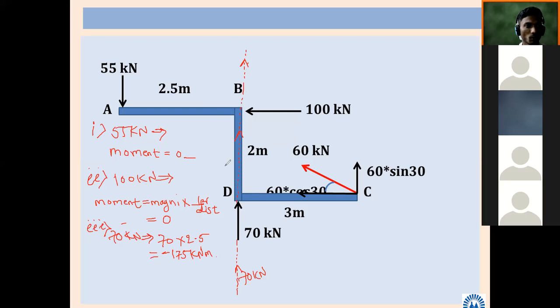Is there any problem finding the distance? 2.5 meter perpendicular distance, is there any difficulty? Today I came to know that students are directly taking the distance between A and D, which is inclined, so it is not the perpendicular distance.